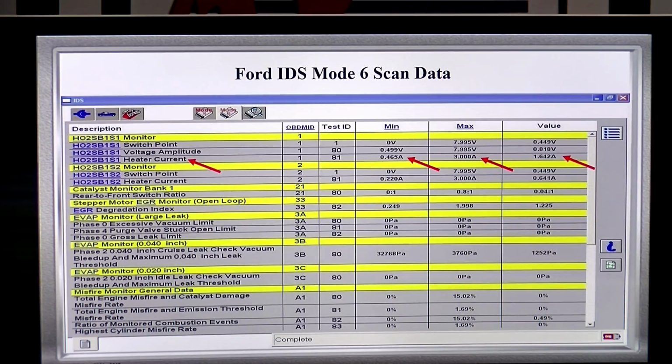If you understand that, that is great, because Mode 6 is a very big help. What is Mode 6? Well, this is not a Mode 6 webcast, but let me explain that. Mode 6 is before a pending DTC.